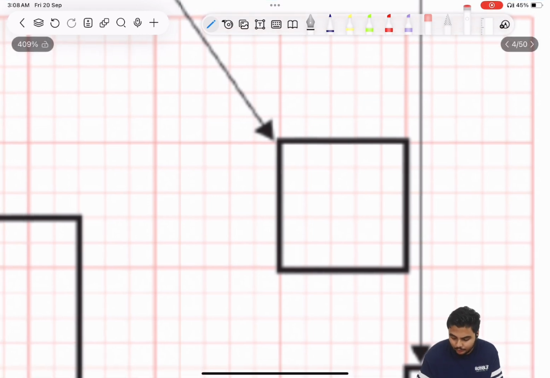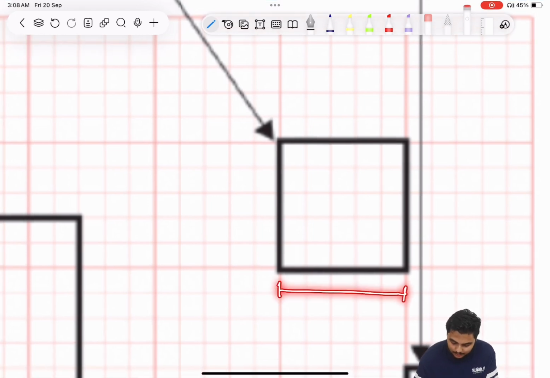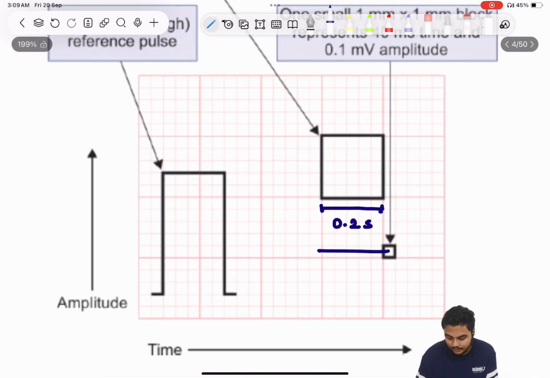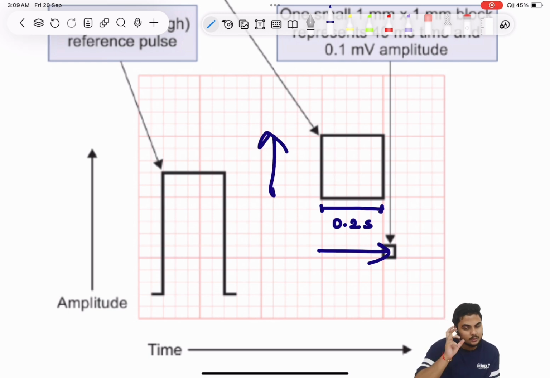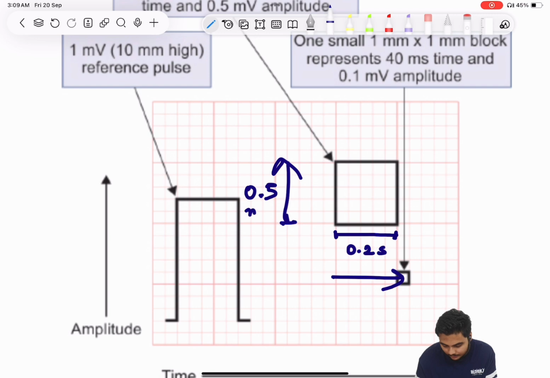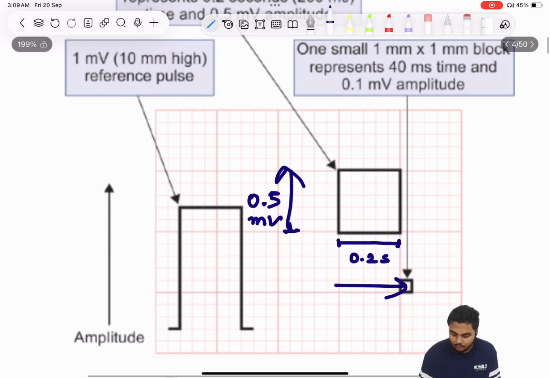Now, you need to remember that every large square has a duration of 0.2 seconds, right? So on the x-axis, we write the time, and on the y-axis is the amplitude, right? Every large square has a duration of 0.2 seconds, and every large box has an amplitude of 0.5 millivolt, right?